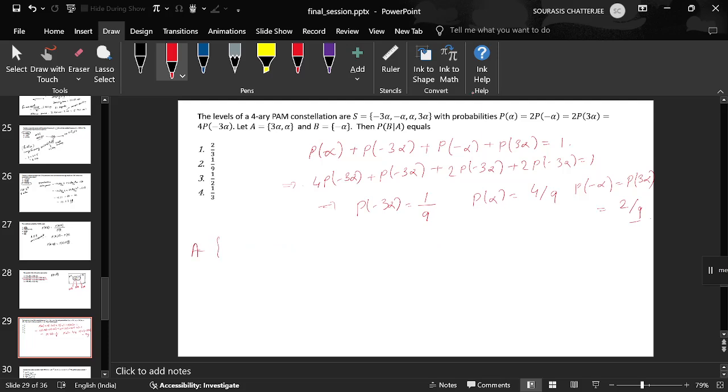So A is the event 3 alpha and alpha, and B is the event minus alpha.